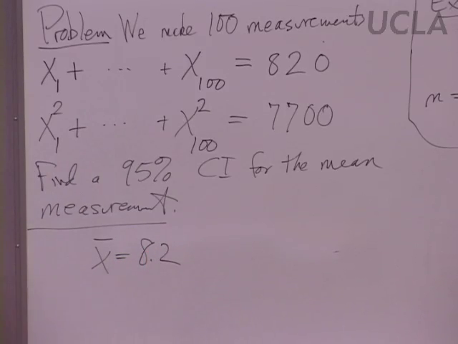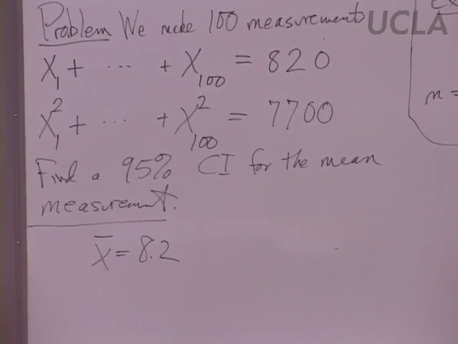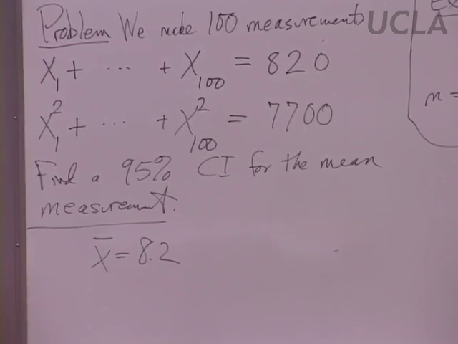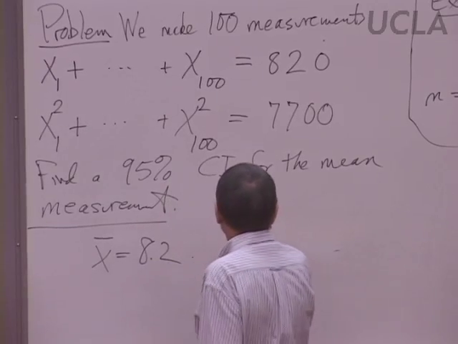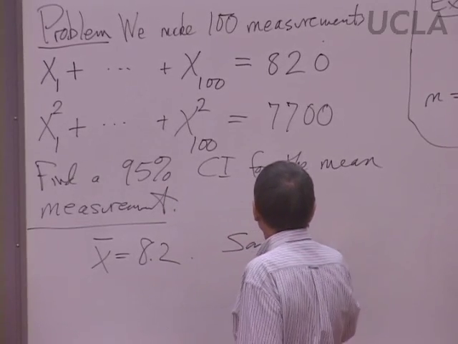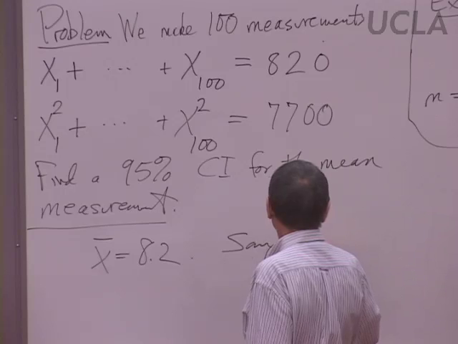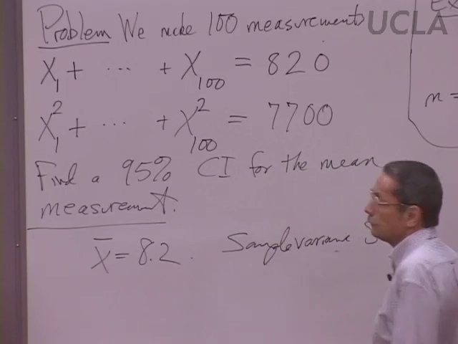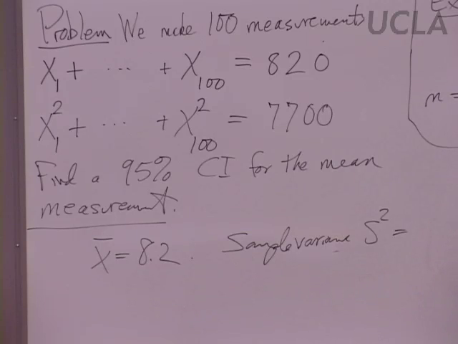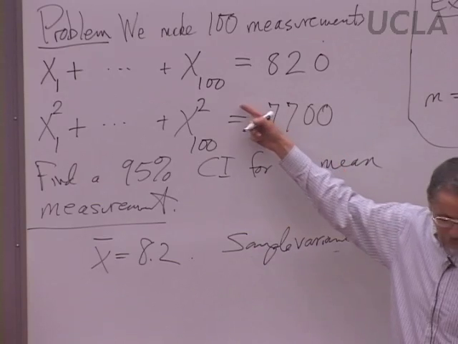Well, sample mean is obviously 8.2, so they're certainly not binary measurements, because the average measurement was more than 8. The sample variance. Well, one of our two equations for the sample variance uses the sum of squares.